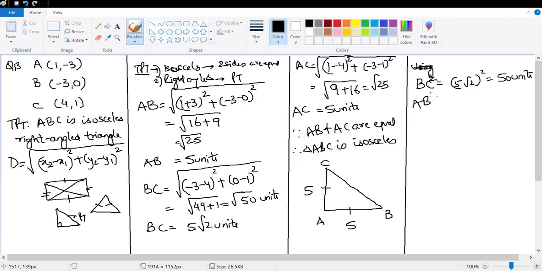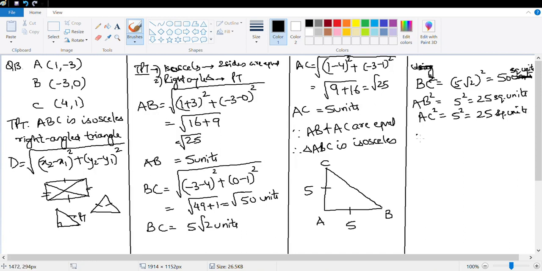And AB square will be equal to 5 square, which is 25. Not units, my mistake, this is 50 square units since we are squaring. And AC square will also be equal to 5 square, which is 25 square units.